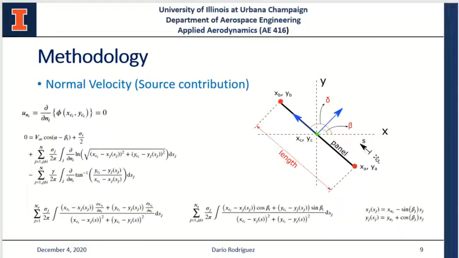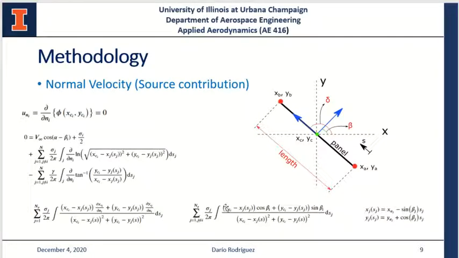So sg is the direction in which we need to integrate. In this case, sg corresponds to this particular panel right here, and the direction of integration is in this direction. We ended up with this expression, and we have to solve this integral right here.